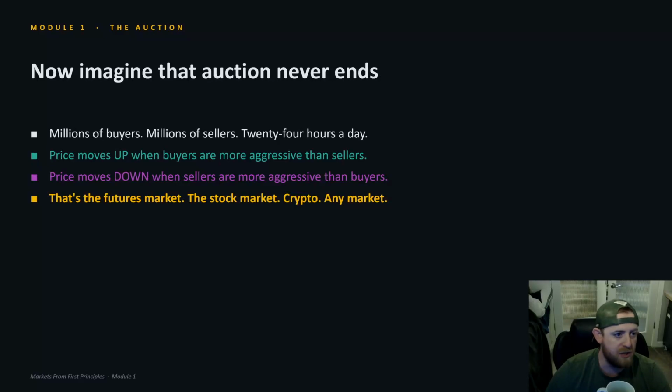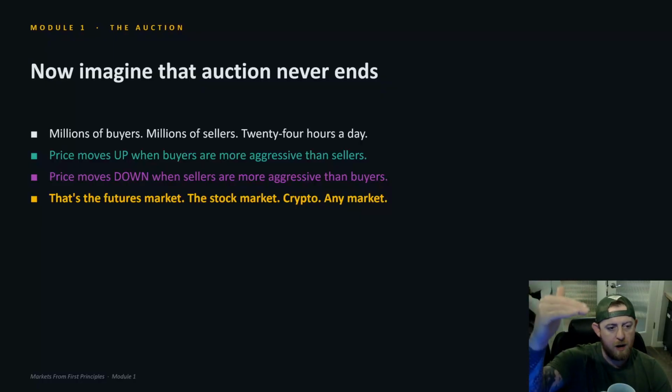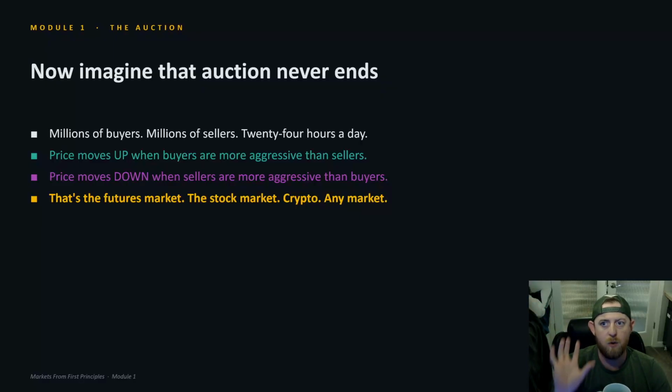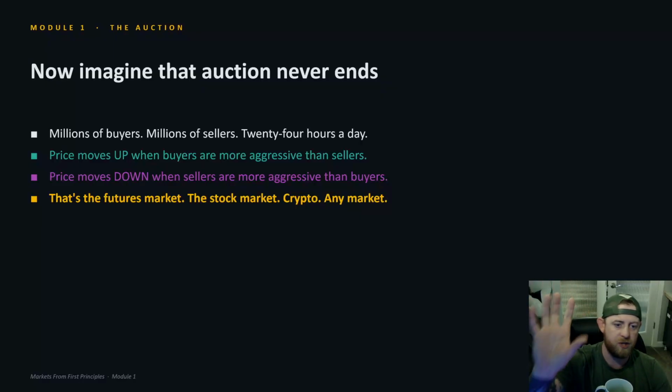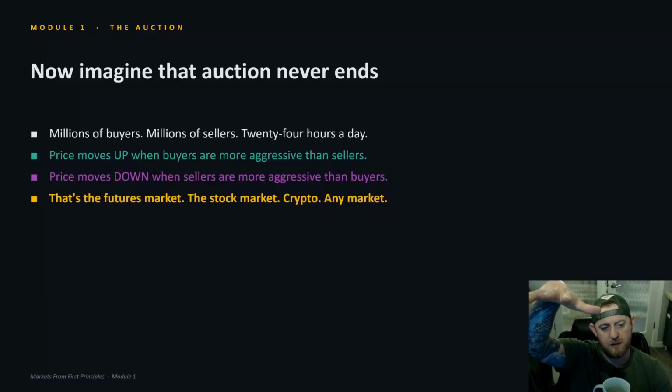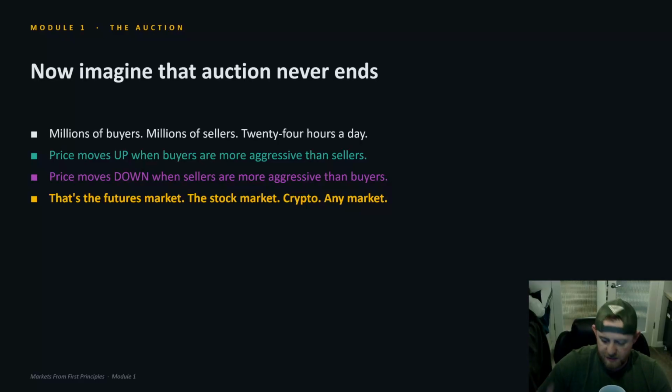So this auction is never going to end, right? You got millions of buyers, millions of sellers. It's always happening. When price starts to move up, the buyers are willing to come up, right? They are being more aggressive. They're wanting chairs. And they have to keep going up and up and up in price and be willing to cross that spread over and over and over again because the sellers are not needing to hit the sell button right now.